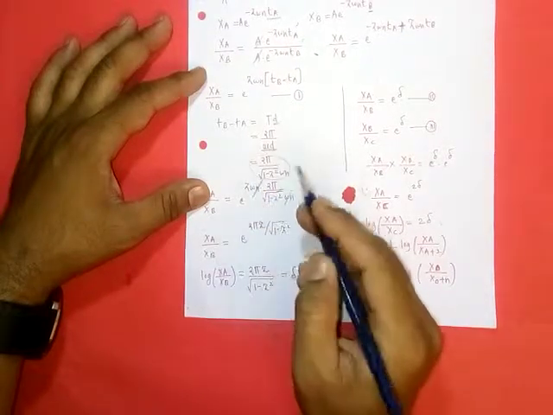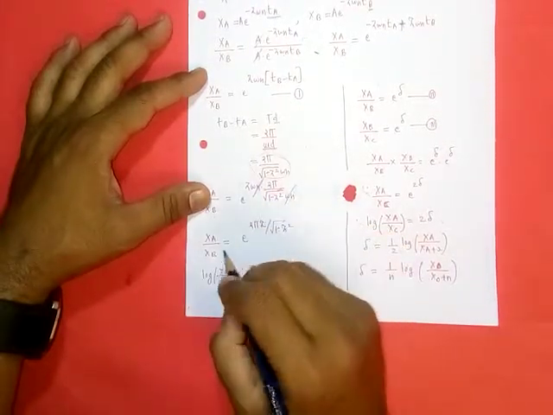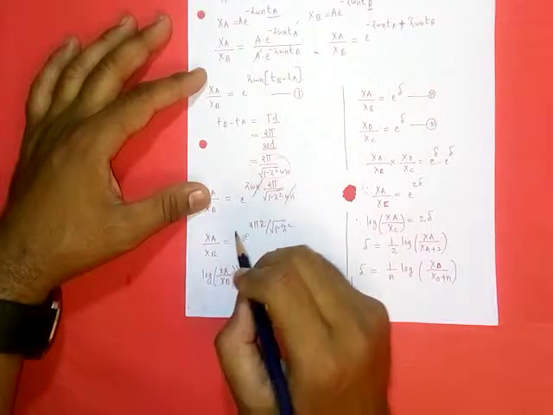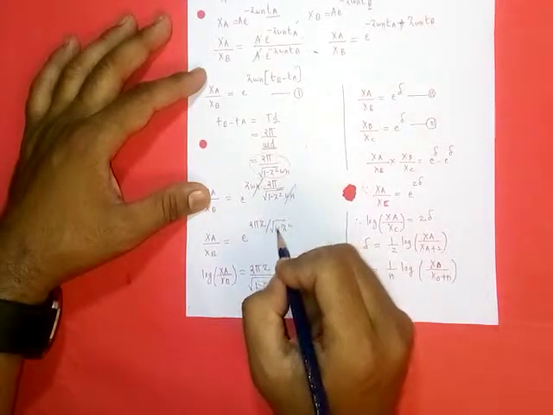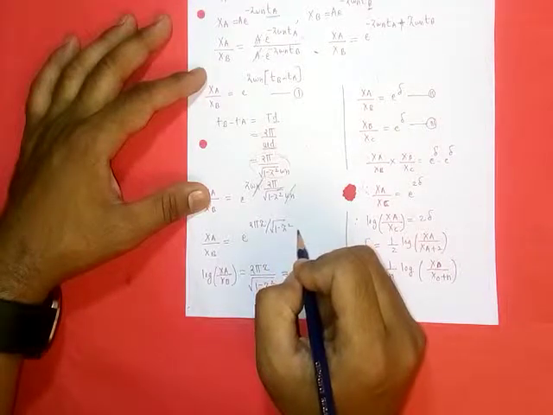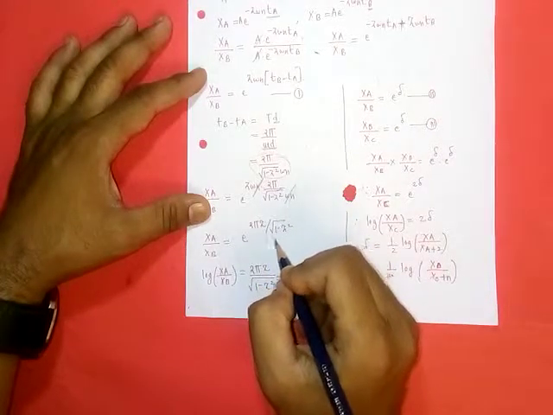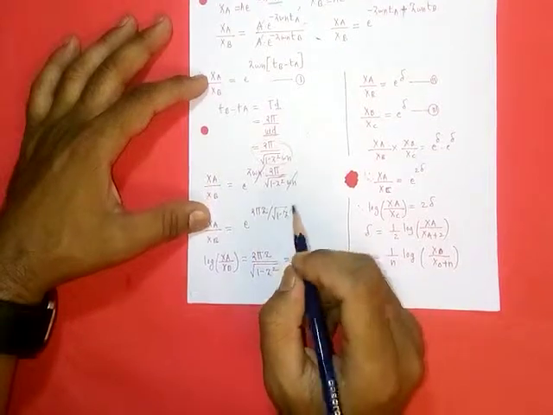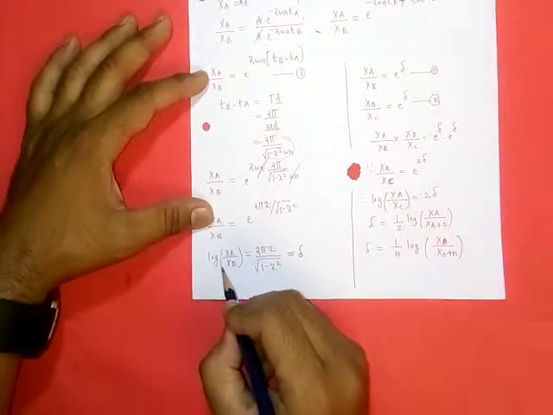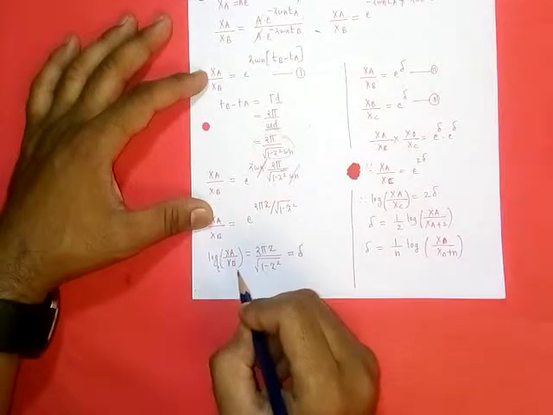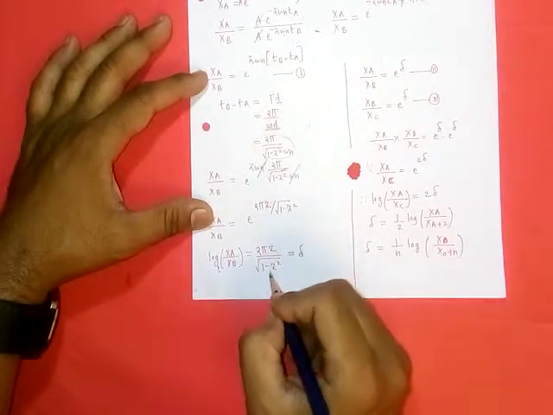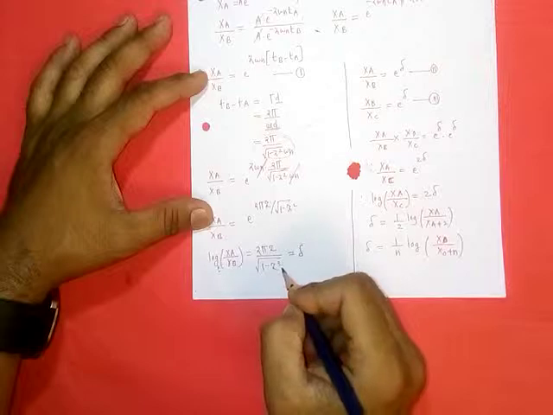Cancelling the same terms again, we get xa upon xb is equal to e raised to 2 pi zeta upon under root 1 minus zeta square. Now taking natural log on both sides, we get log to the base e of xa upon xb is equal to 2 pi zeta upon under root 1 minus zeta square.